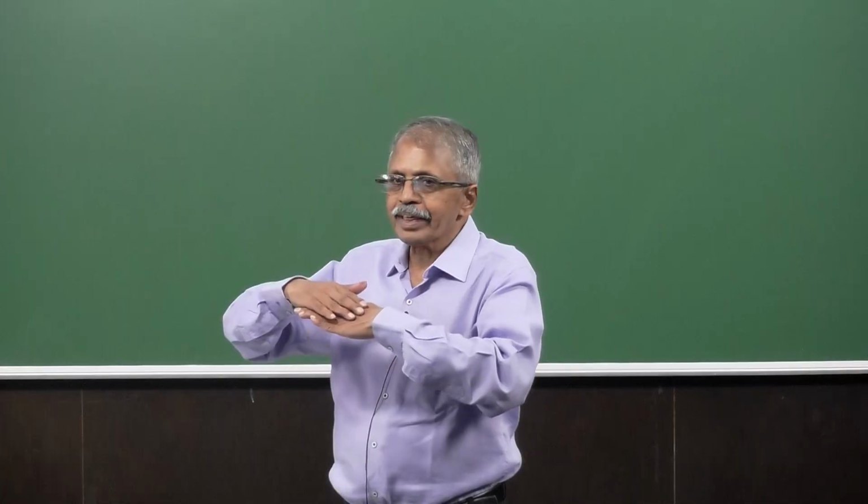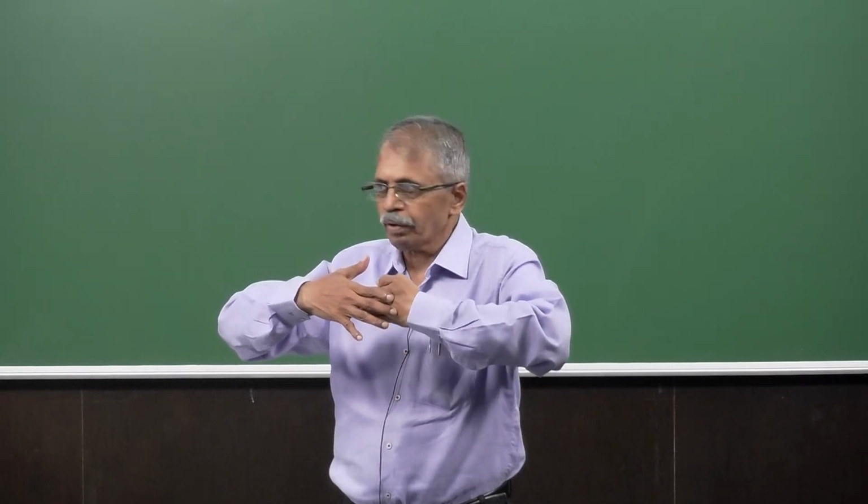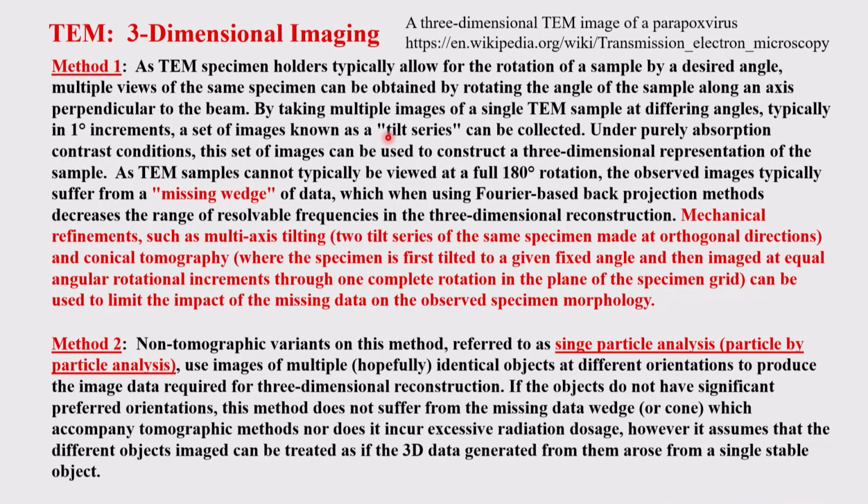So actually you can take a 1 degree rotation with respect to the axis, 1 degree, 1 degree, 1 degree, like that. And in each case you take the image. So you take the data and you combine all that data. Okay. And then there are some methods by which you can do mechanical refinement of such multi-axis tilting.